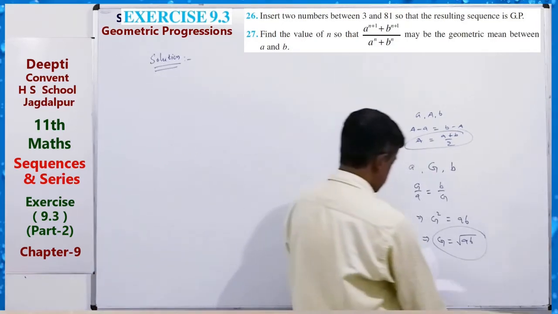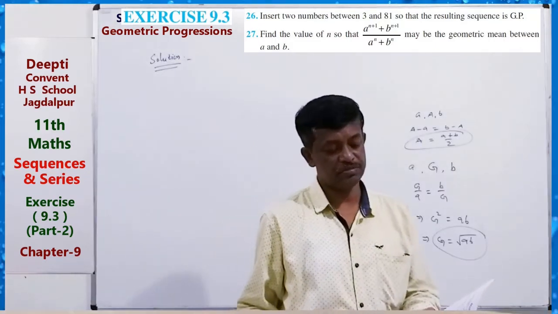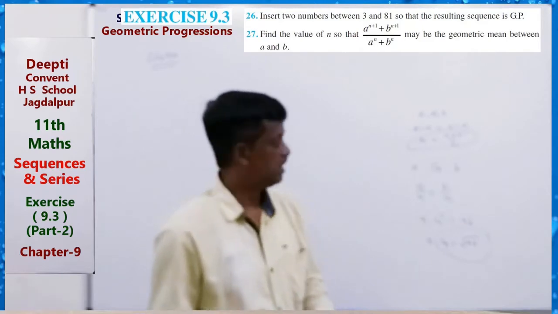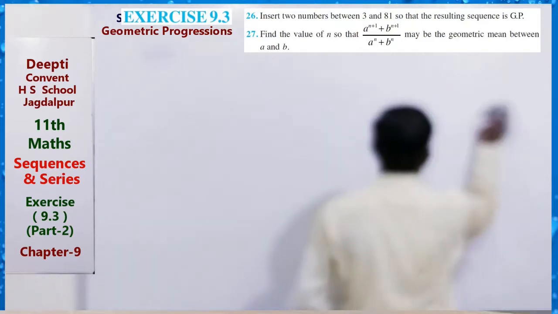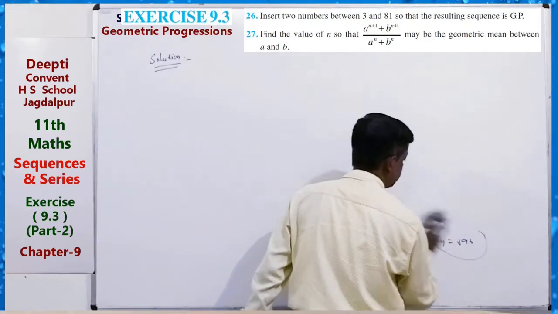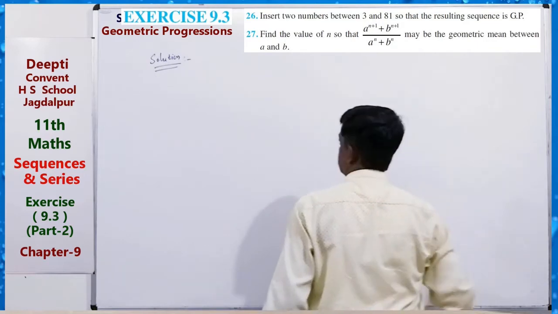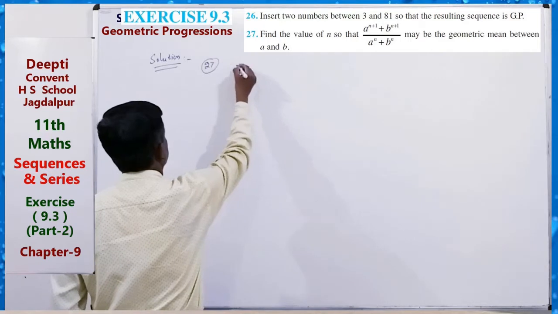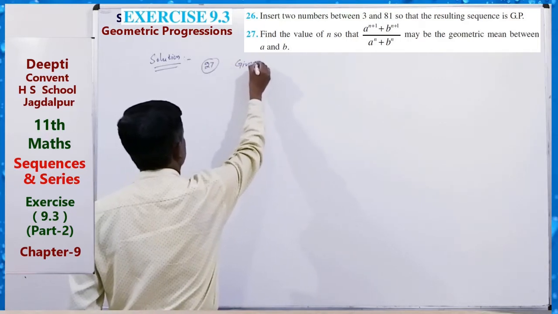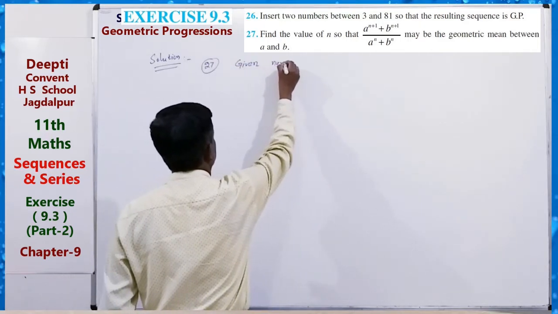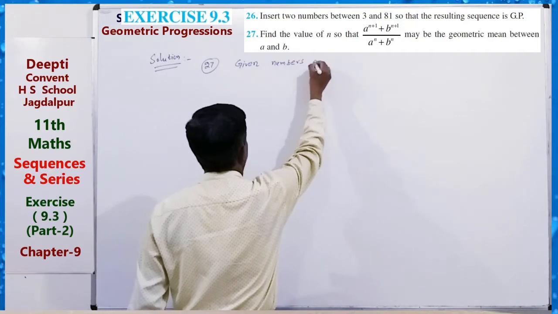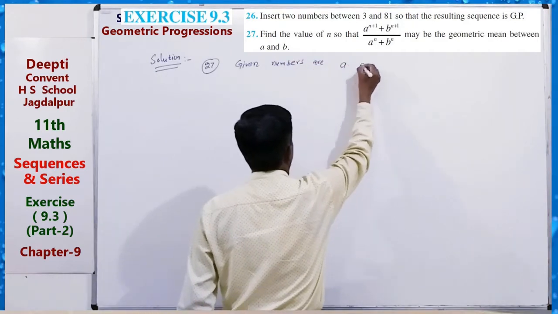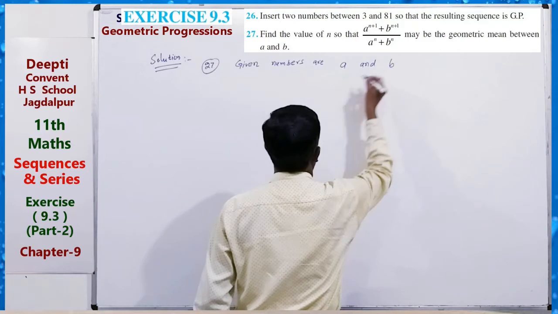So here, find the value of n so that this may be the geometric mean between a and b. Given numbers are a and b.